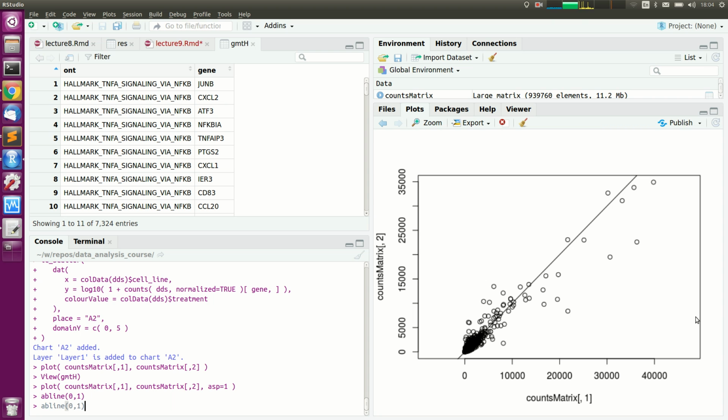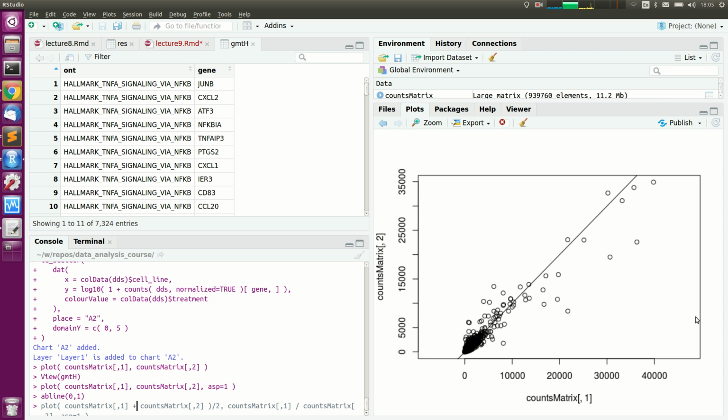One way to see this easily is to look for each gene at the ratio of the first to the second sample. I put this on the y-axis, and on the x-axis I put simply their average.